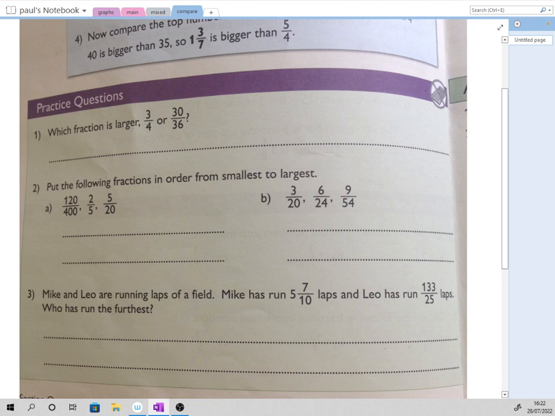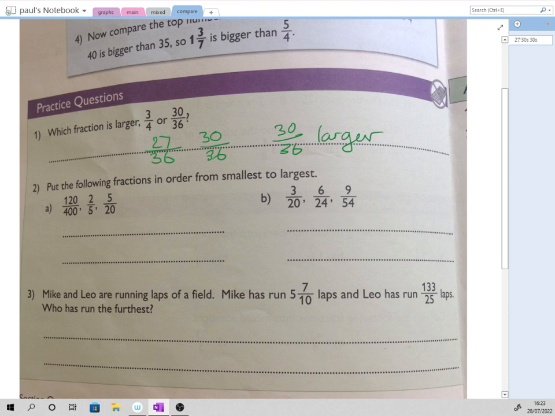So if I go 4 times 9, if I multiply this left-hand one by 9, I get 4 nines are 36, and 3 nines are 27. So I get 27 over 36, and this is 30 over 36. So I can compare: the fraction that is larger is 30 over 36.